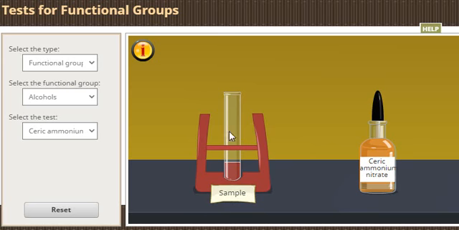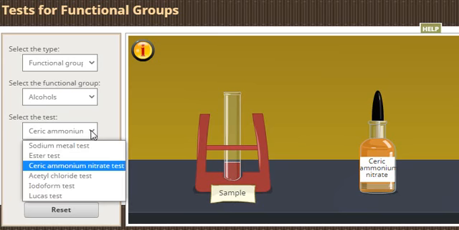But our observation is this one only. This is the main point: the color changes from the colorless sample to red because of the presence of the alkoxyceric complex.